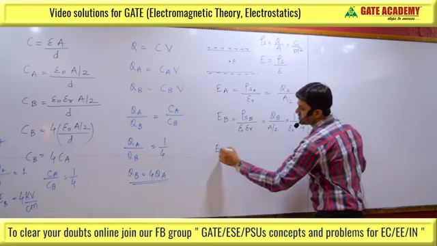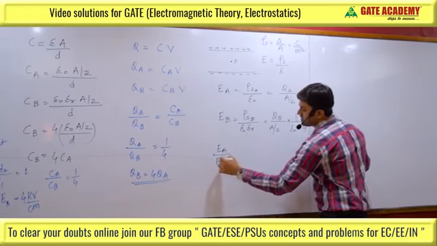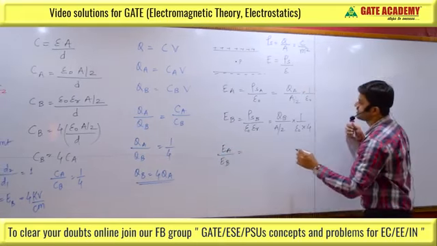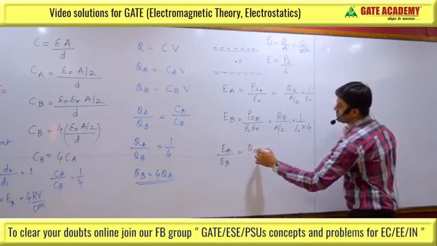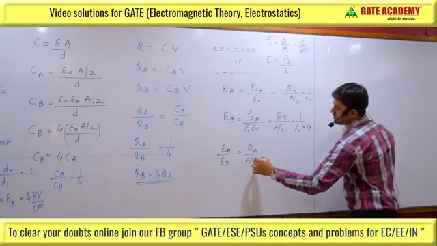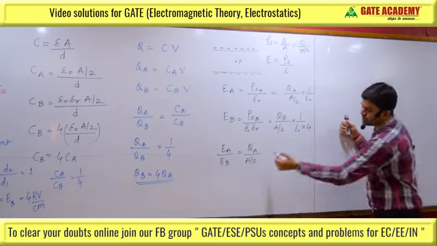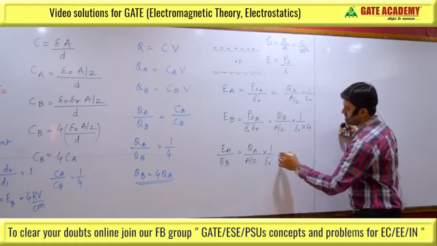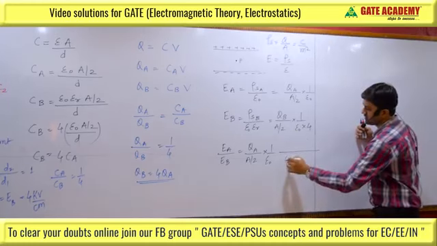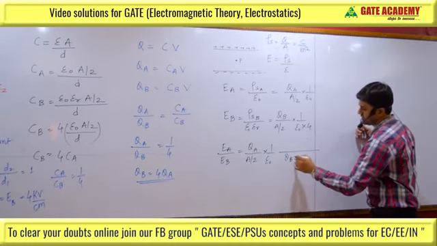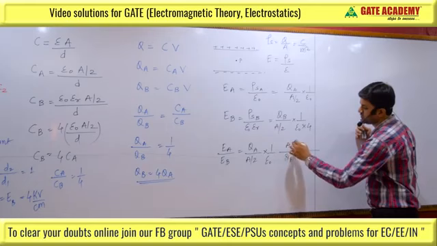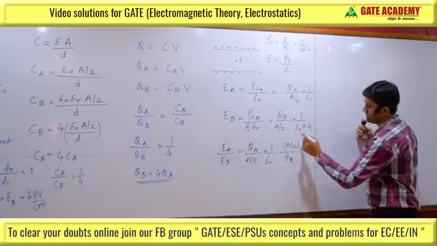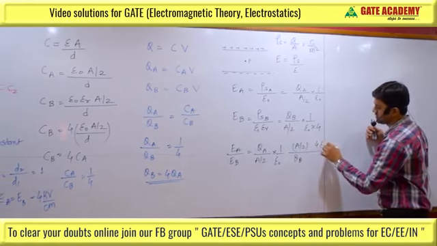Now if we take the ratio of these two equations, EA upon EB is equal to QA upon A by 2 into 1 upon epsilon naught divided by QB upon A by 2 and 4 epsilon naught.